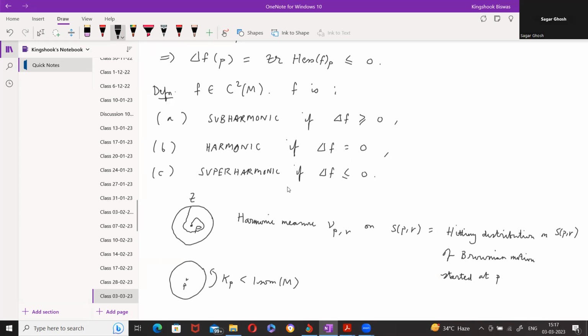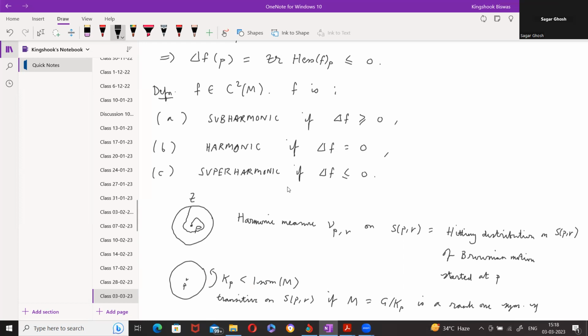So this acts transitively on the sphere S_P(r) if M is equal to G mod K_P, where G is a semi-simple Lie group and K_P is a maximal compact subgroup. This is a rank 1 symmetric space. The action is transitive if and only if the rank of the symmetric space is 1.